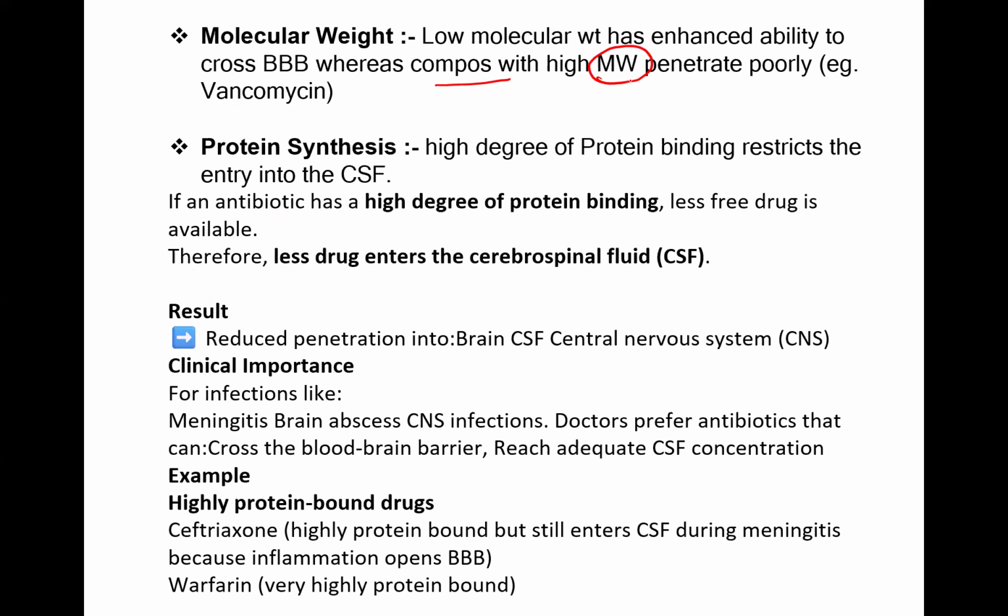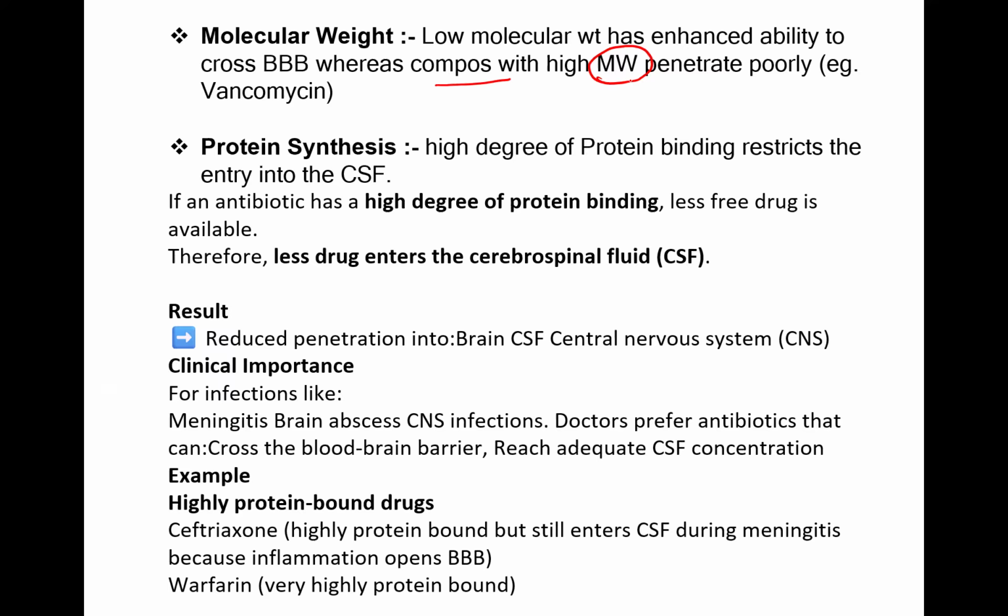Next is about protein binding. A high degree of protein binding will restrict the entry into the CSF. Pretty straightforward. If the antibiotic has a high degree of protein binding, either in the plasma or in the tissue, less free drug is available.